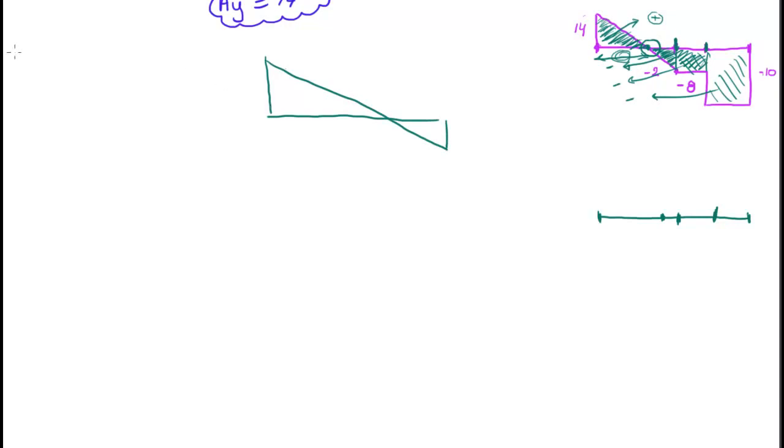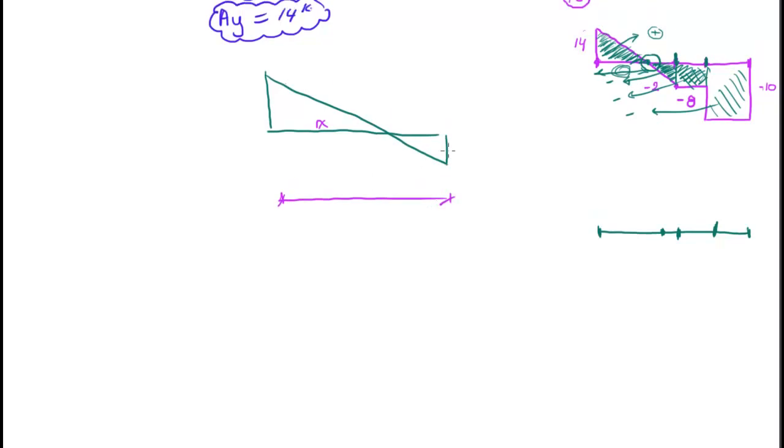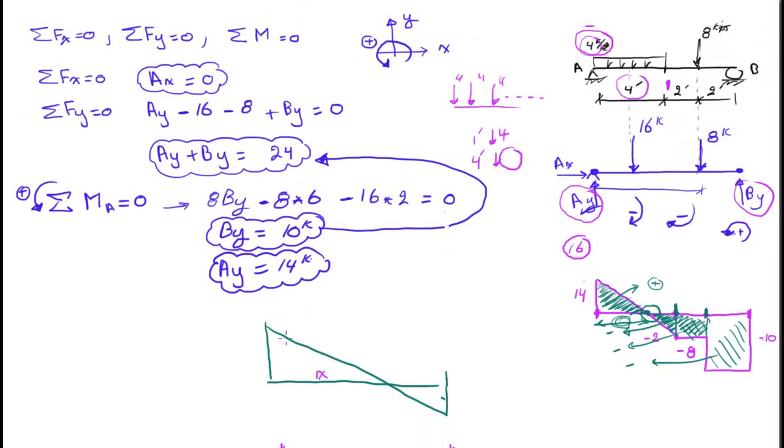In order for you to find this length, let's call it x, you know this length. It's the whole length of the distribution of the load right here. So this is 4. What about this? This is 14.